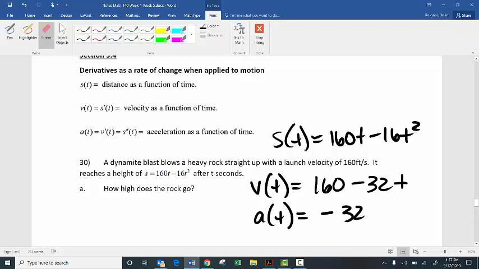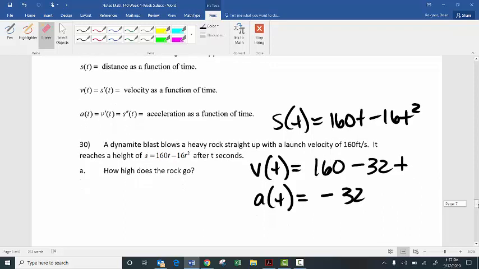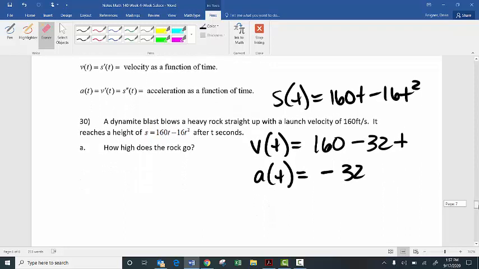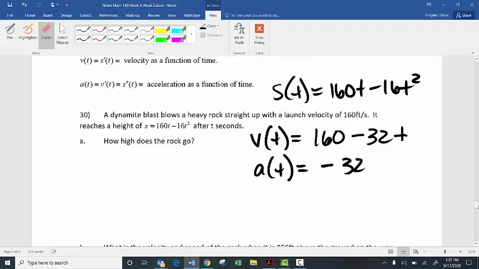All right, so you can do letter A a couple different ways, okay? It says letter A, how high does the rock go? So it might be a little easier if you think about this logically. It says a heavy rock is blown straight up in the air with a launch velocity of 160 feet per second, okay?